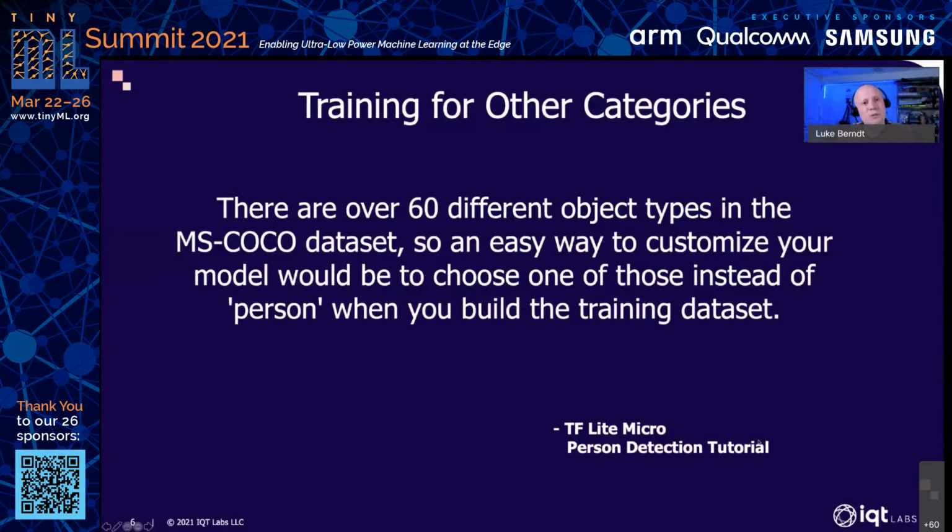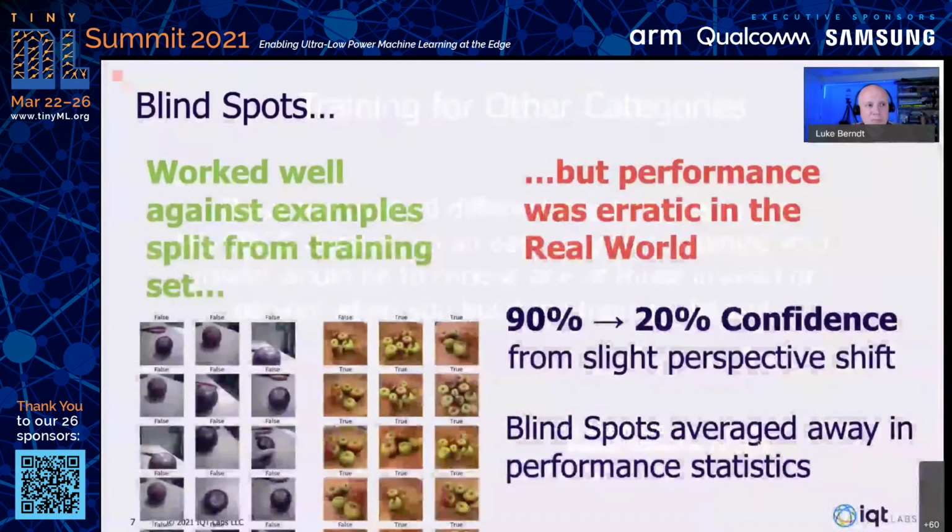As opposed to doing any sort of transfer learning, it does a full training of the model from randomized weights. So it takes about 24 hours or so with some beefy GPUs working. I had some unexpected results. Unlike person detection, when I tried working with different classes of objects, the results just didn't perform as well as I expected.